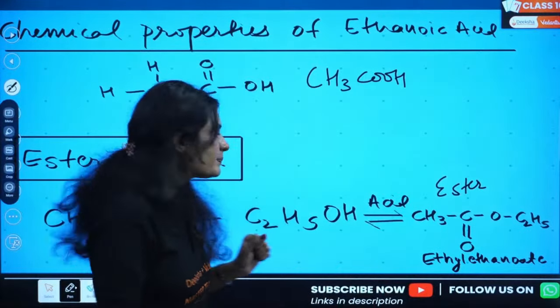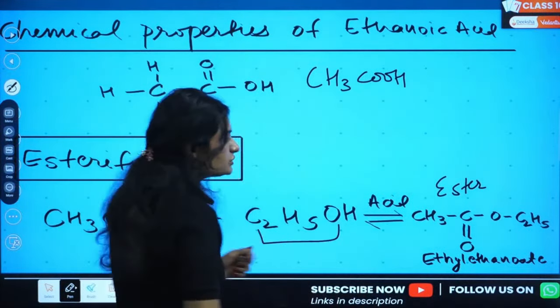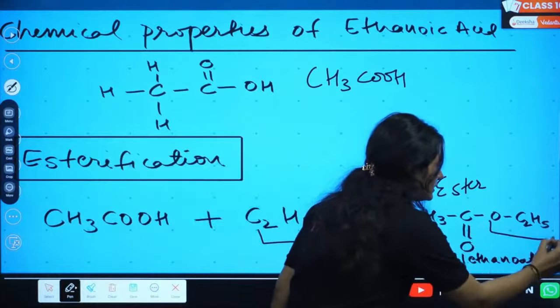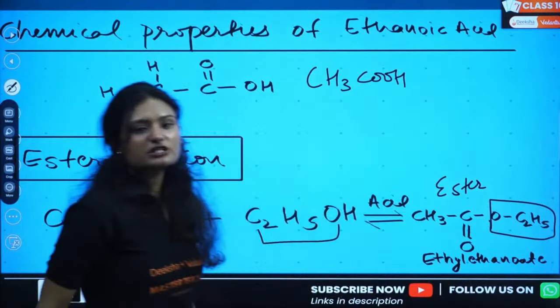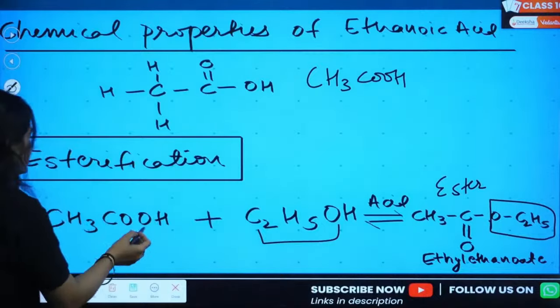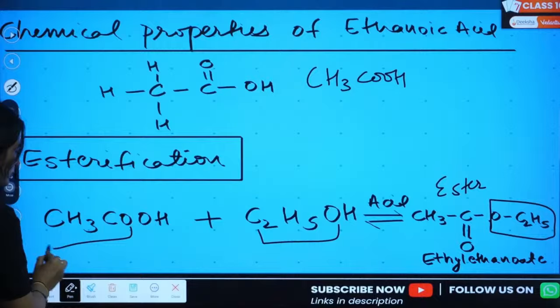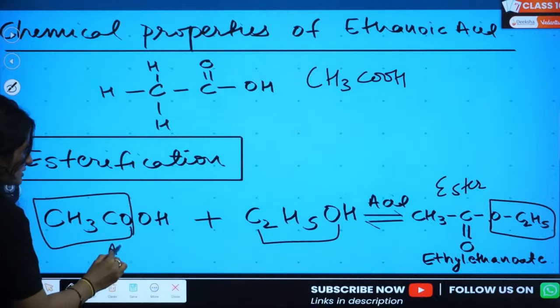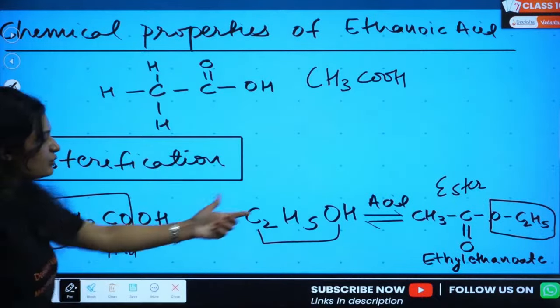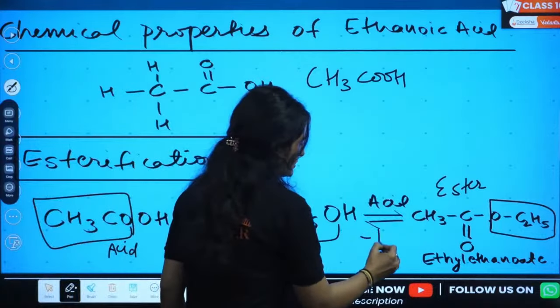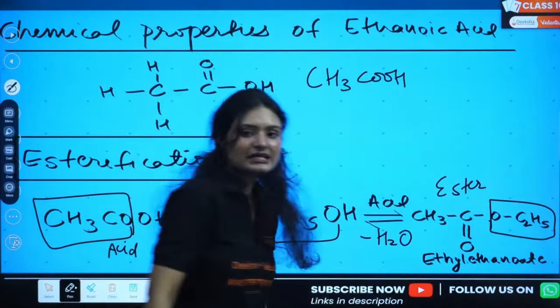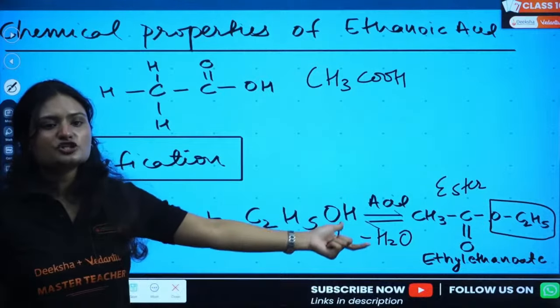This part, OC2H5, comes from the alcohol, and this part, CH3CO, comes from the acid, and we have one water molecule also. Clear? That is esterification, formation of ester.